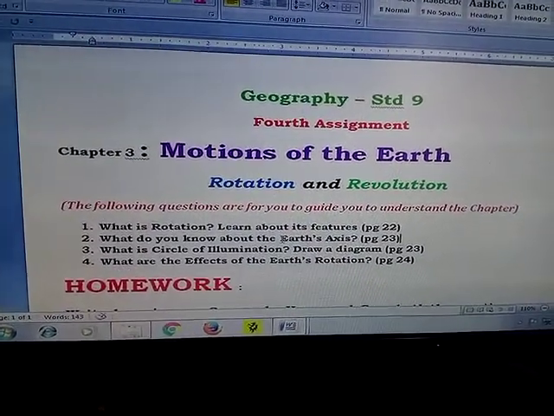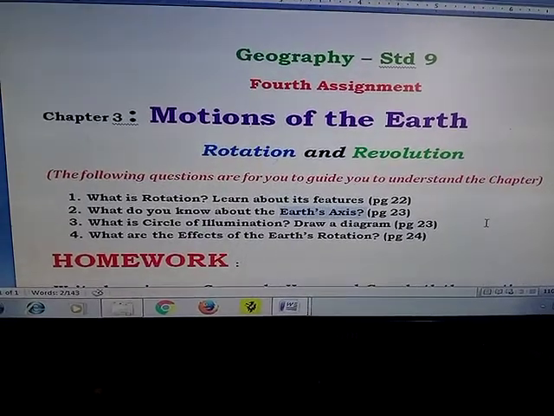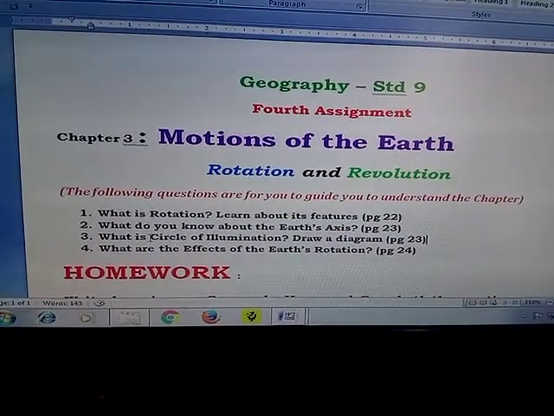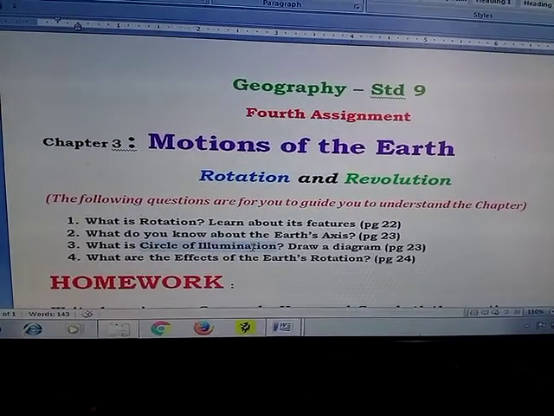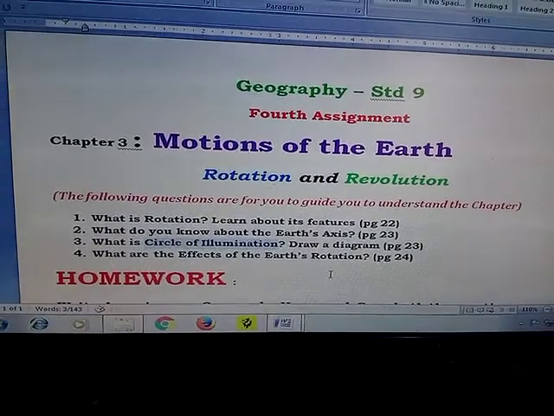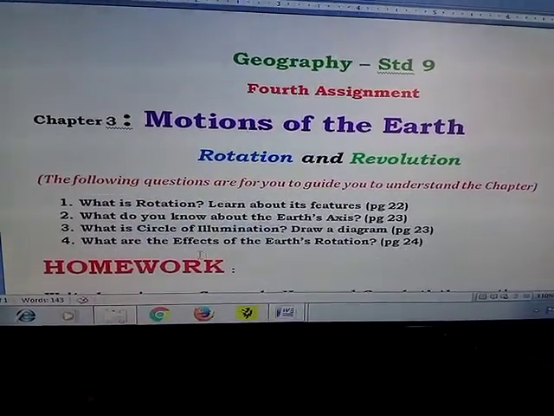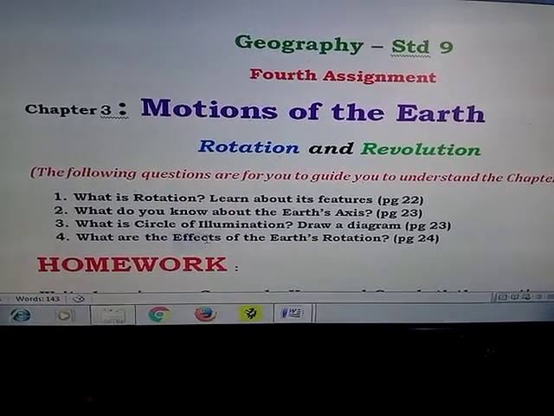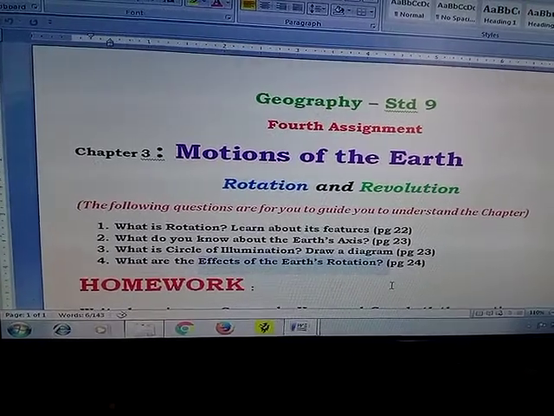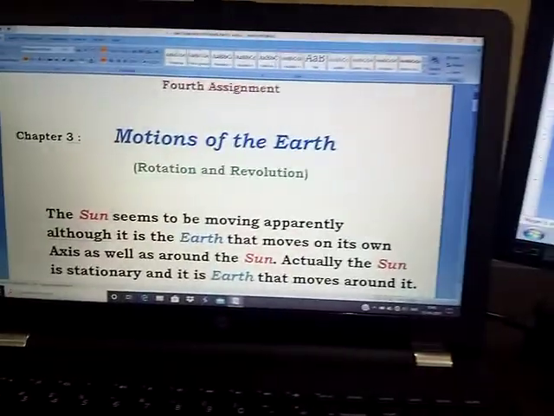Then we also want to know about the Earth's axis, its effects, its different features. We should also know about the circle of illumination, its definition, how it looks, what its effects are, etc. And finally, what are the major effects of the Earth's rotation. So now let us go straight into the topic.